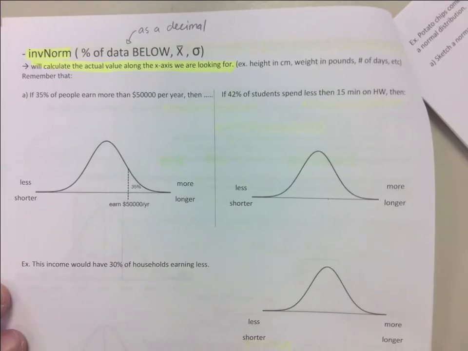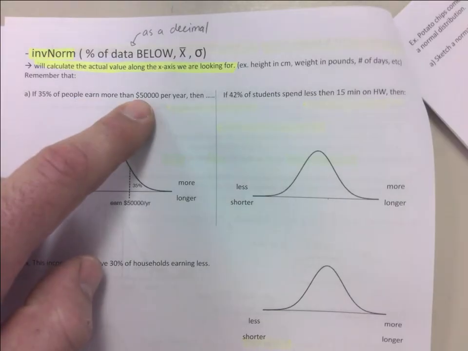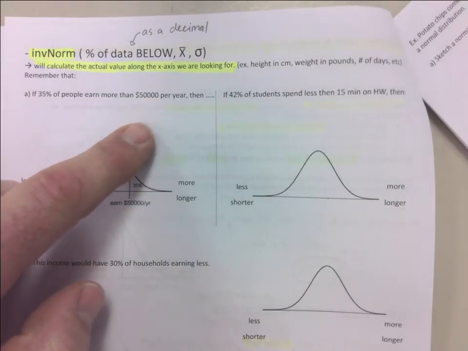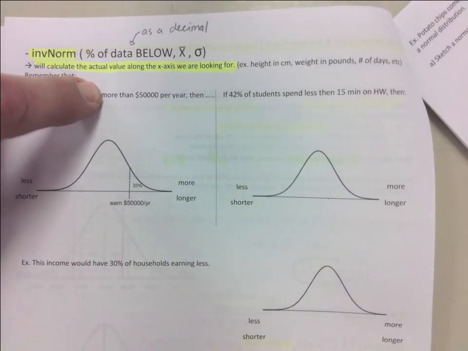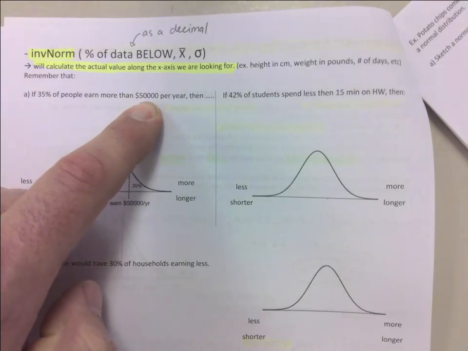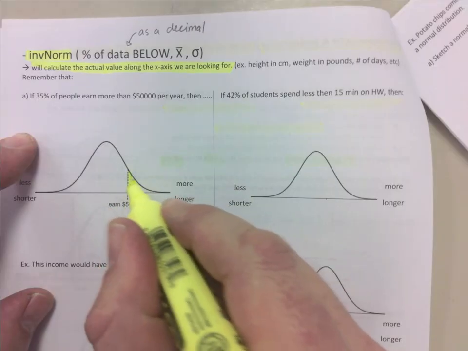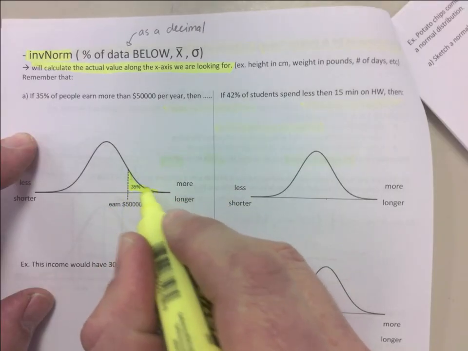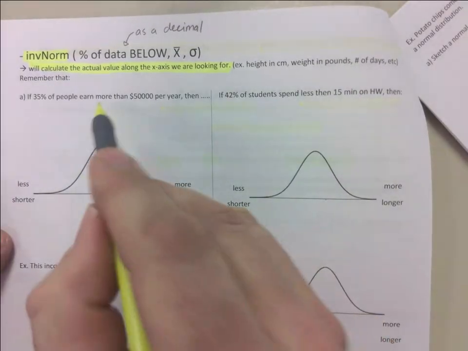And here you have to just remember a few things. If 35% of people earn more than $50,000 per year, I'll say this again, 35% make more than a certain amount, that means that we're looking at something to the right, because it's more than.